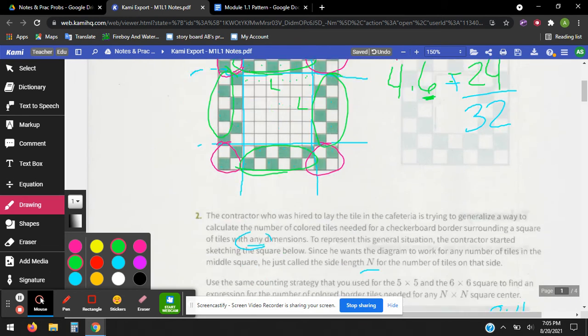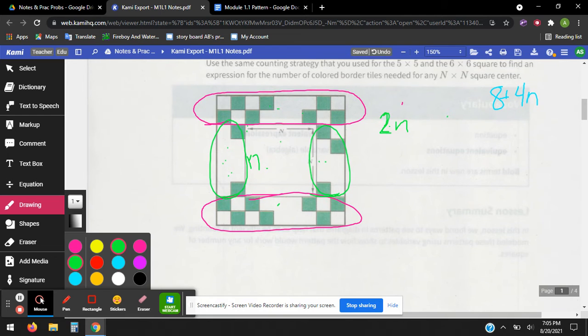So going back down, this side, we said it's going to be n plus 4. One, 2, 3, 4. Right. N plus 4. And I'm going to have 2 of those.